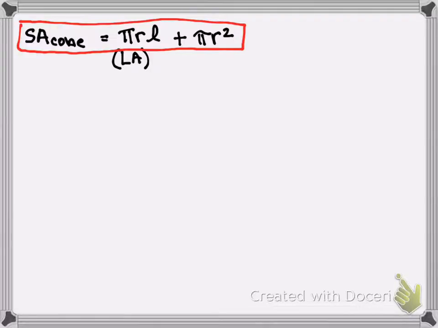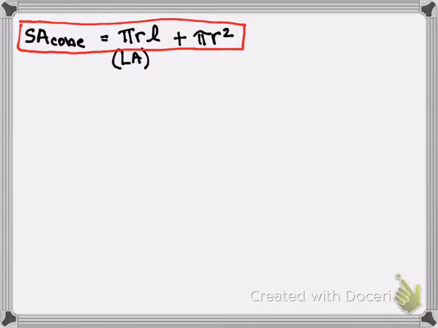The trick comes in when they don't give you the slant height and they give you other pieces of information. Now, I'm just going to casually look and see if they're evil. No, they're not evil at all. In the question we did on the task from yesterday, the first question we worked on together, they gave us the slant height and the radius, and we had to figure out the height of the cone.